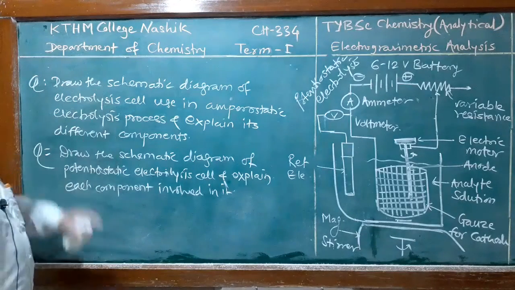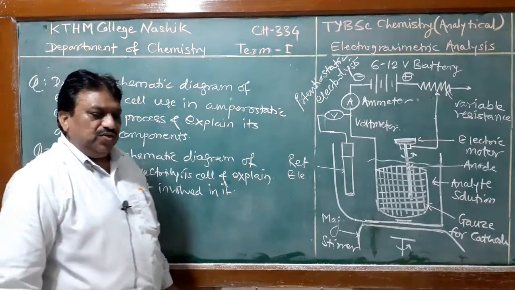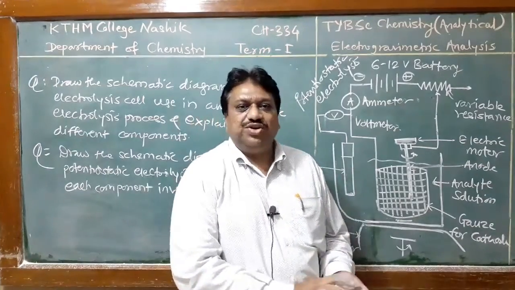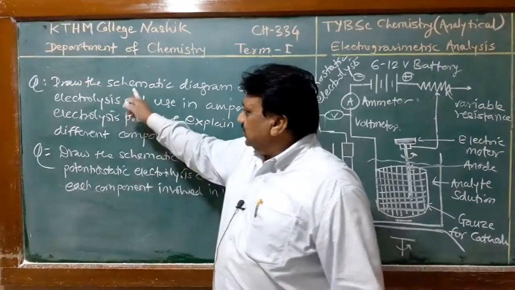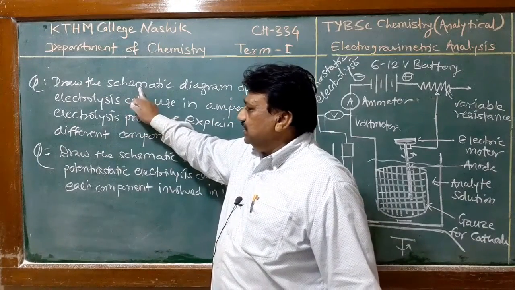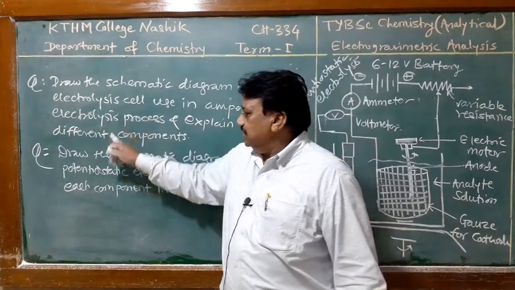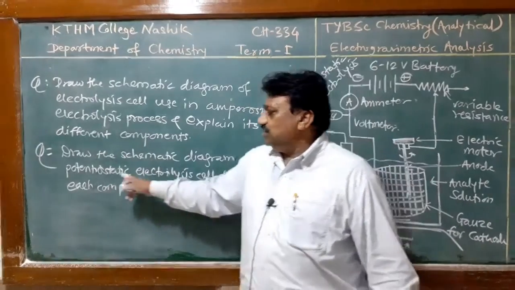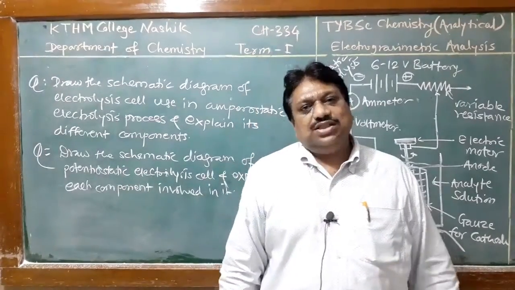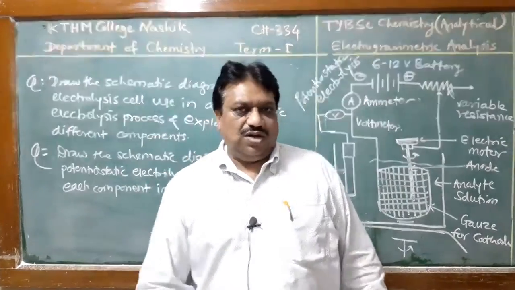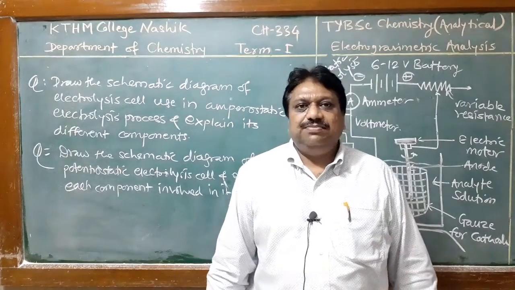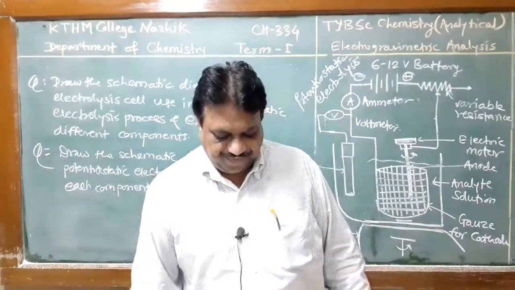This is the homework or home assignment. You can find the answer to these two questions. Before discussing the electrolysis cell, first discuss what is amperostatic electrolysis and what is potentiostatic electrolysis. Then draw the electrolysis cell for both and explain their instrumentation in brief.